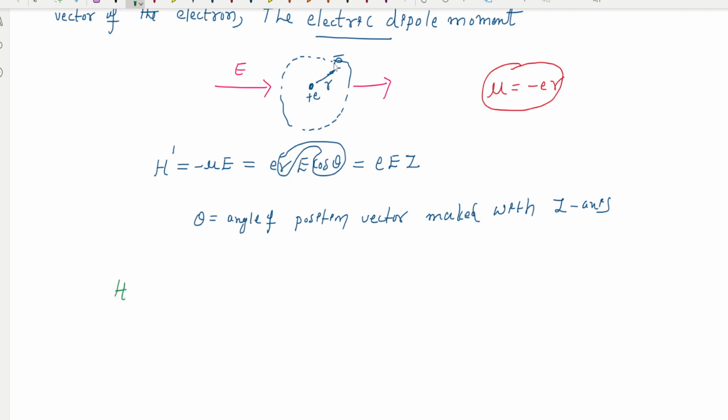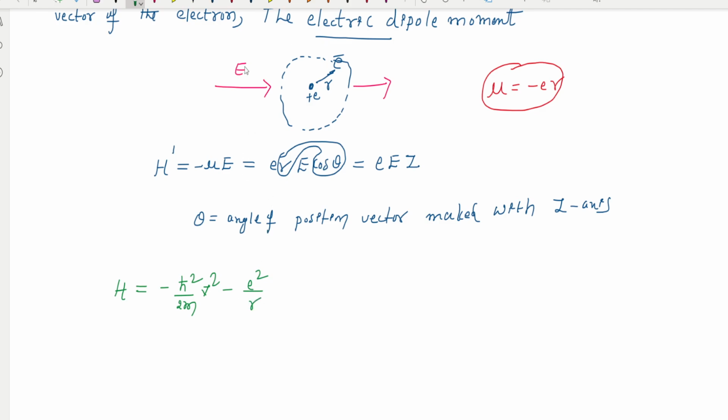If you imagine there is no electric field, this is the hydrogen atom. The Hamiltonian is minus h cross square divided by 2m, this means kinetic energy, plus the potential energy of this hydrogen.